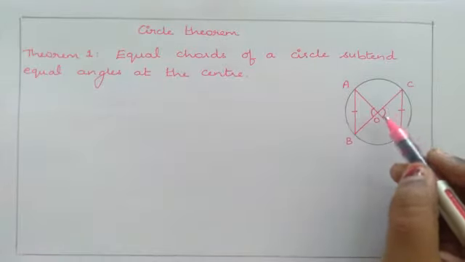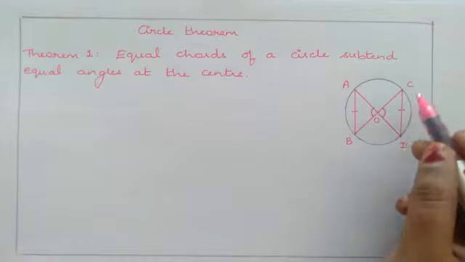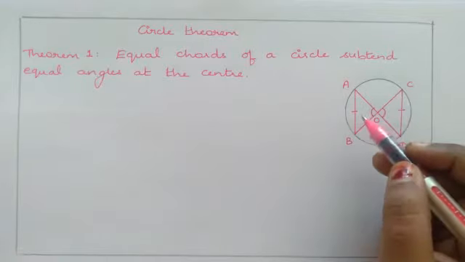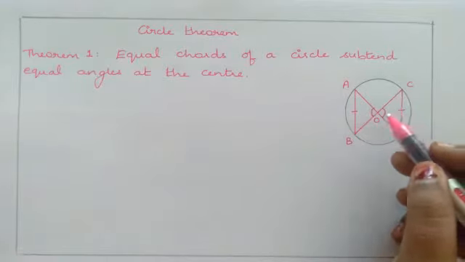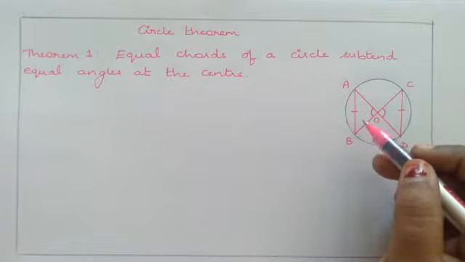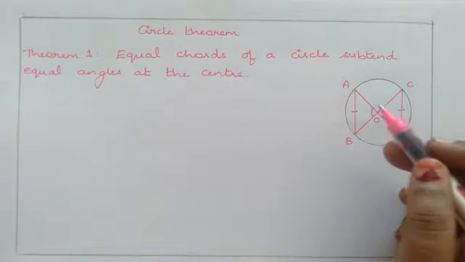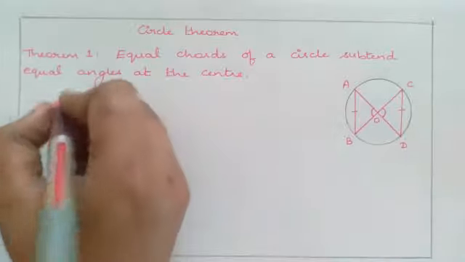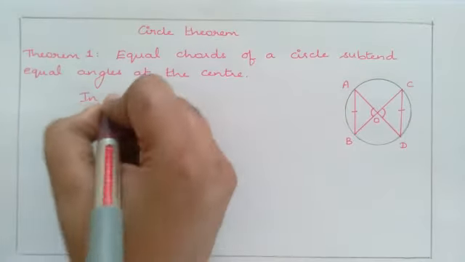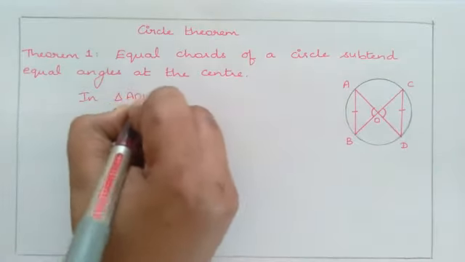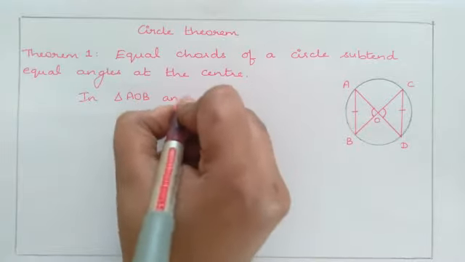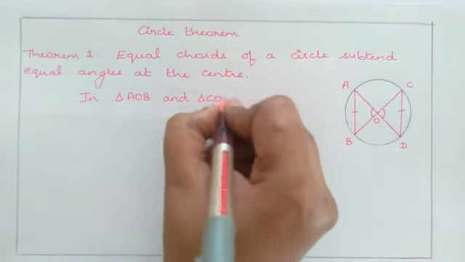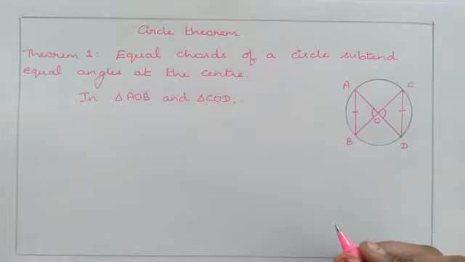Same way, angle COD is in the triangle COD. So, for angle AOB and angle COD to be equal, we are going to consider the two triangles AOB and COD. So, in triangle AOB and triangle COD, we are going to prove it based on the congruency conditions.